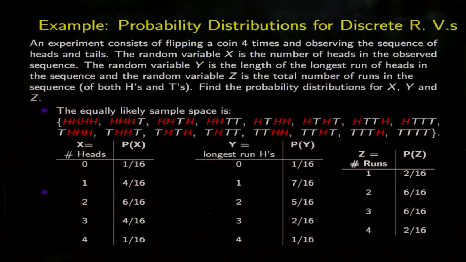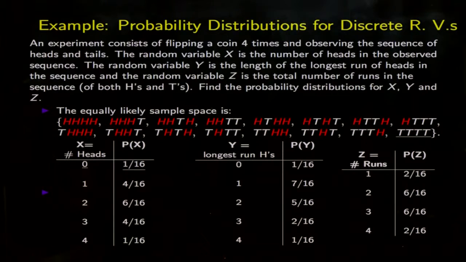How do I find the probabilities for, let's say, the values of x? How do I find the probability that x equals 0? Well, x, remember, is the number of heads in the sequence. So I look for all possible sequences where the number of heads is 0. Well, that's pretty easy to find.